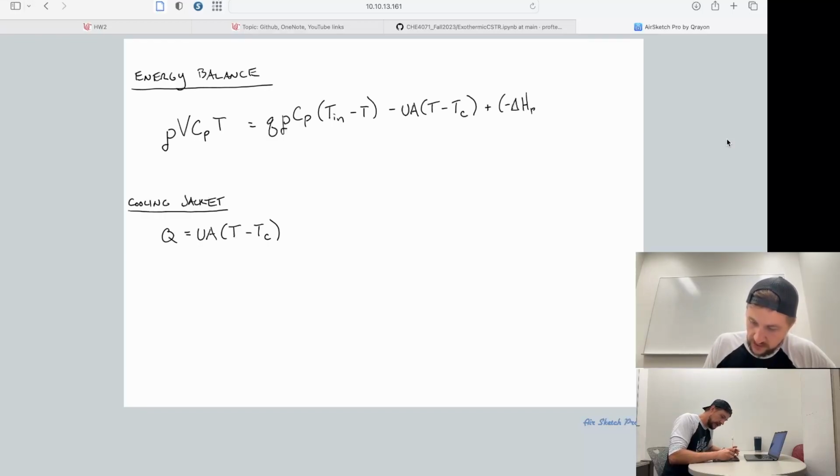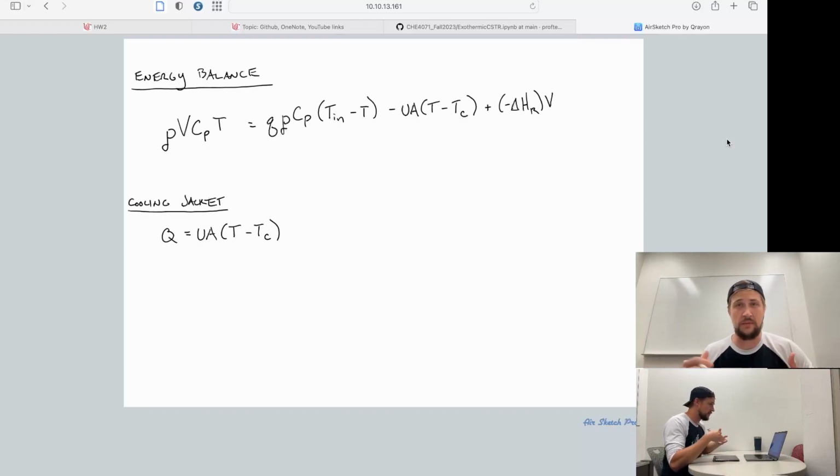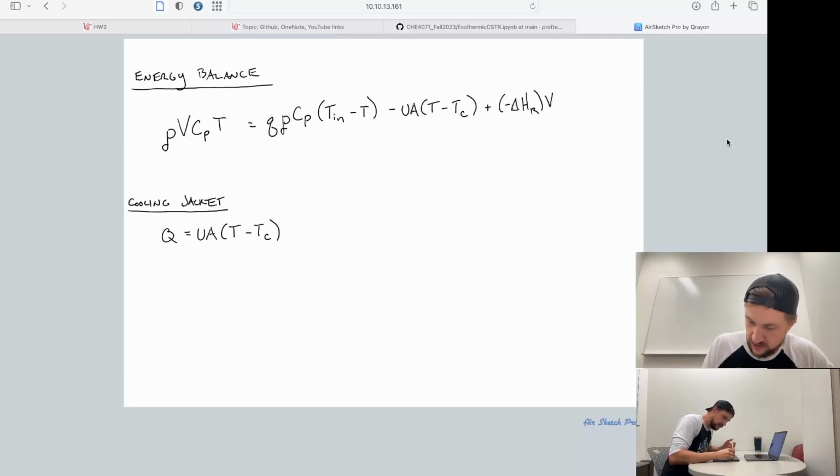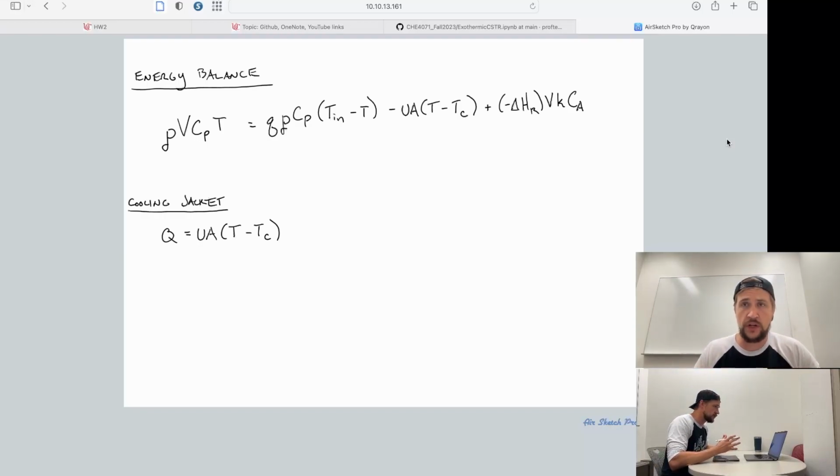So we have our delta HR, and that is going to be multiplied by the volume of fluid, and then the rate at which the reaction is actually occurring. So we have our rate constant k, and then our concentration of A. So how much concentration of A is currently present, multiplied by the rate constant, so that's our reaction rate, multiplied by the volume, and then how much exothermic energy is actually occurring as a result of the reaction.